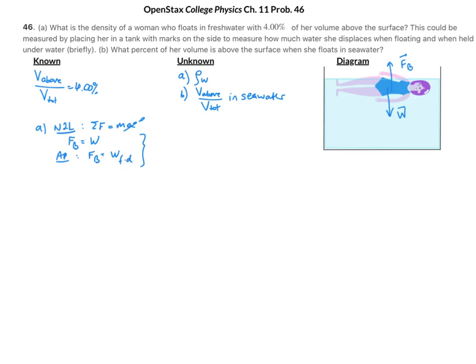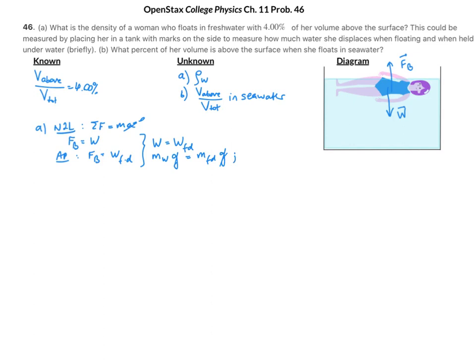So that means that the weight of the woman is equal to the weight of the fluid displaced. So the weight of the woman is going to be mass of the woman times g, and that's equal to the mass of the fluid displaced times g. So I'm going to cancel out a g.